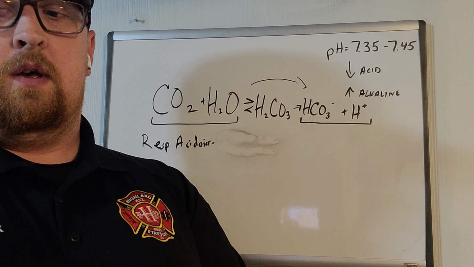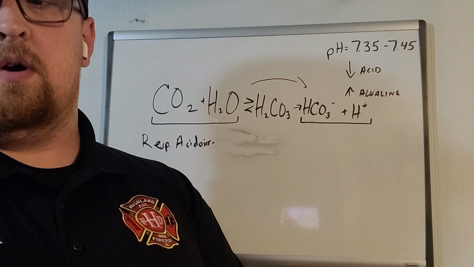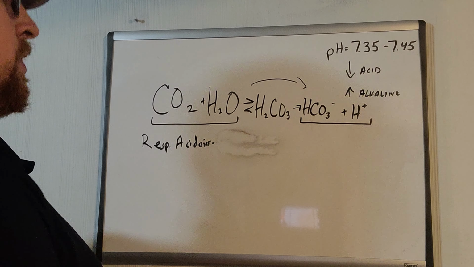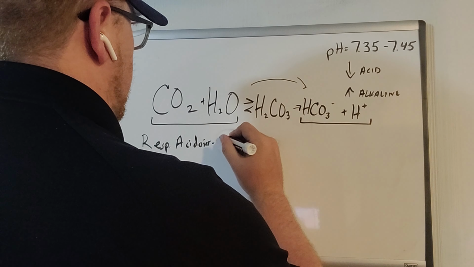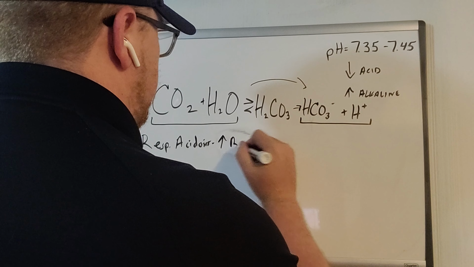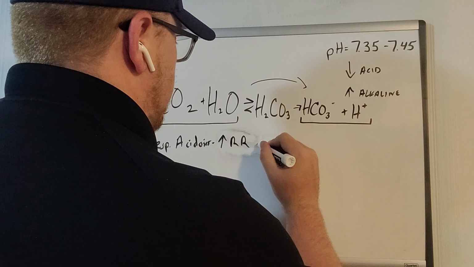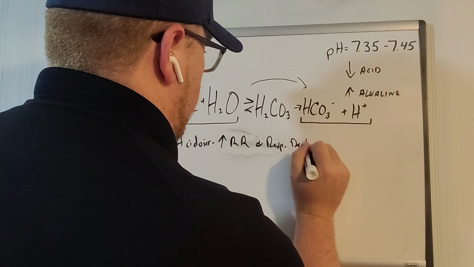So what can you more or less do for these patients? You can try to help bag them. Essentially what we need to do is increase the respiratory rate as well as the respiratory depth.